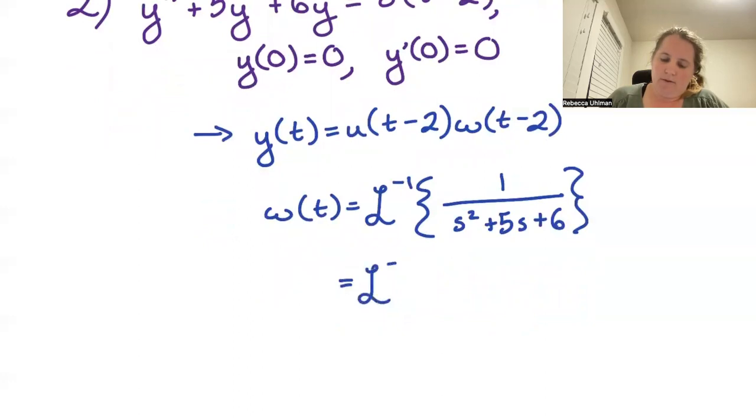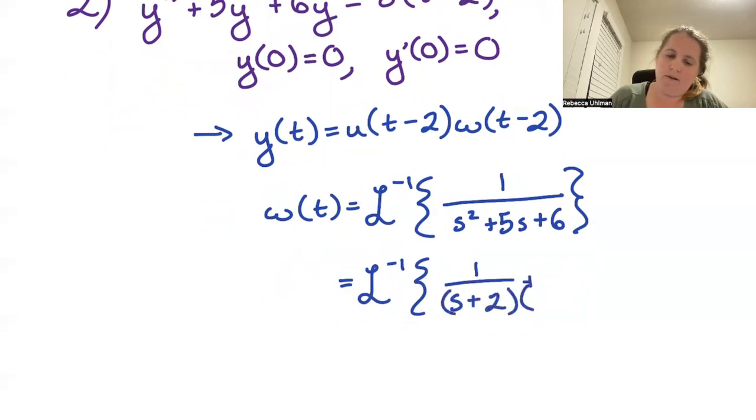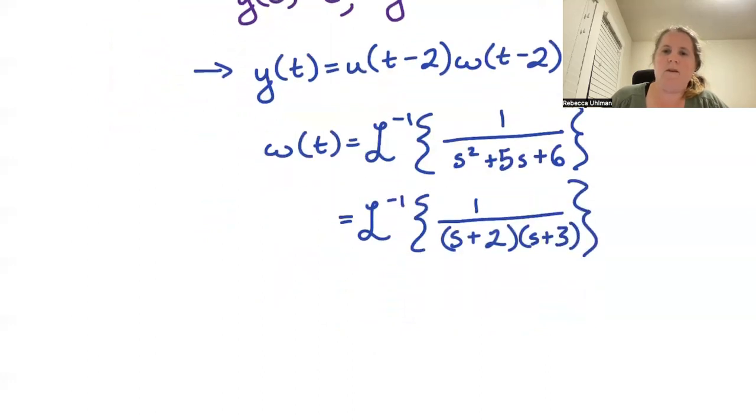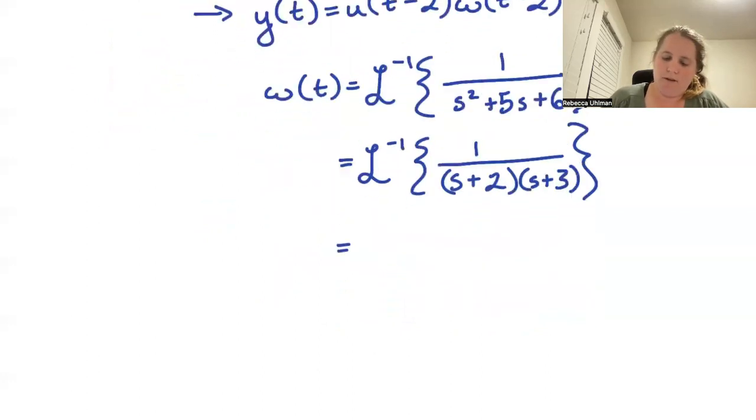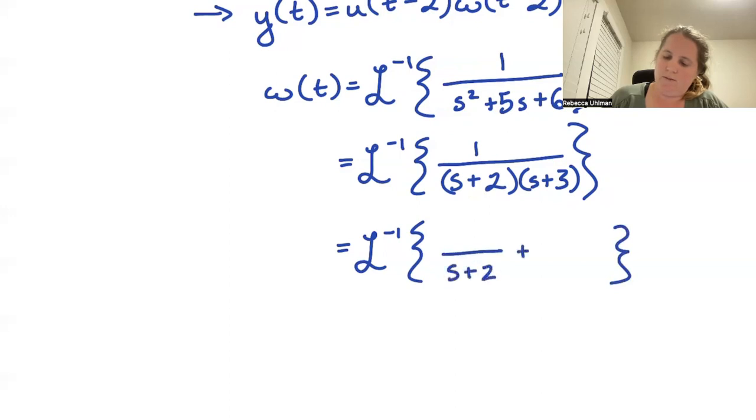We are looking at the inverse Laplace transform of 1 over s plus 2 times s plus 3, all in the denominator. If we do partial fractions, we are looking at the inverse Laplace transform of something over s plus 2 plus something over s plus 3.